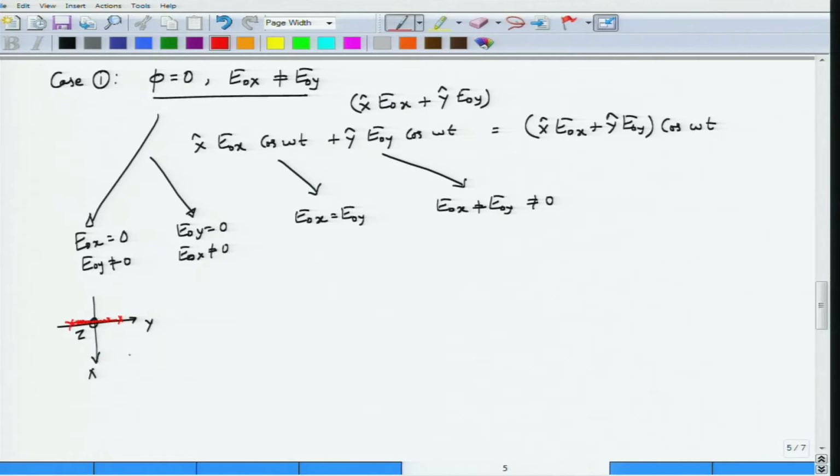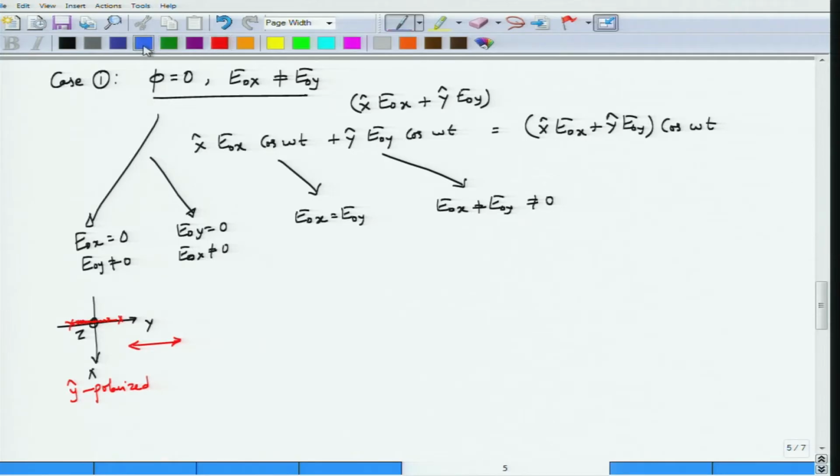In any case, the electric field component is oscillating along the y axis. Such a wave is called a y polarized wave and is shown graphically with an arrow with these two arrow marks, indicating the direction of wave propagation.